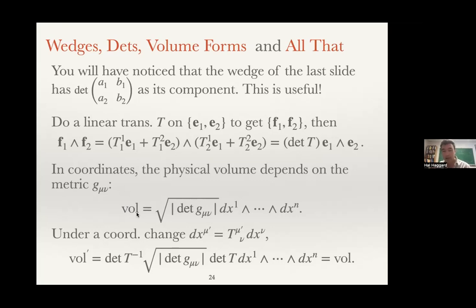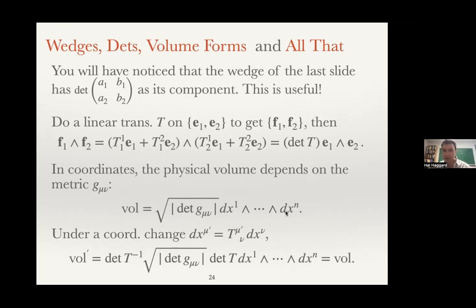And how's it defined? Well, the standard volume form is the square root of the magnitude of the determinant of the metric times the wedge of all the differentials of the coordinates. Here I'm imagining we're working on an n-dimensional manifold.